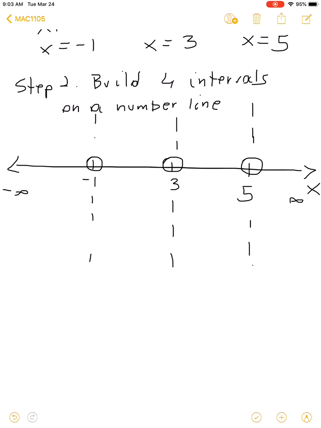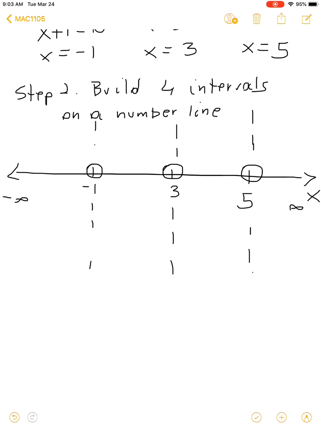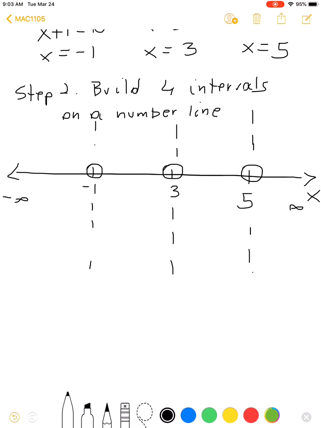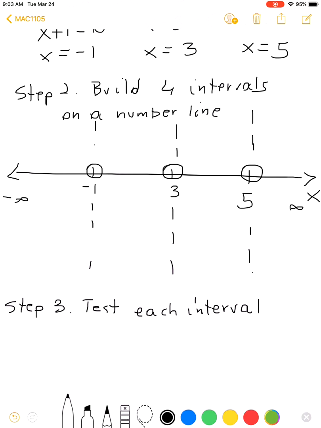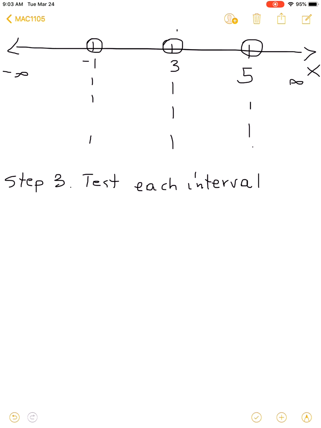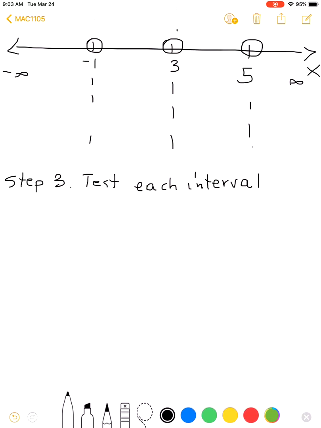Step 3, just do the test. Step 3, test each interval. Okay, so we're going to test it. Let me just copy the same number line.